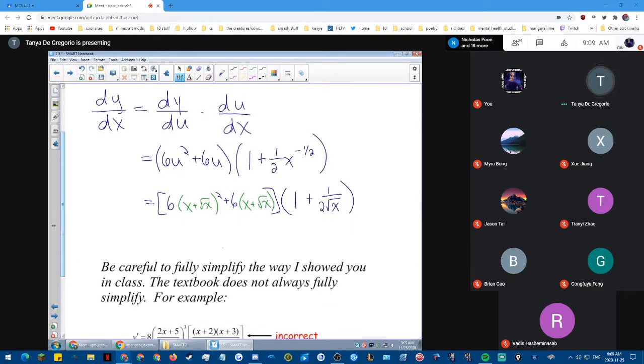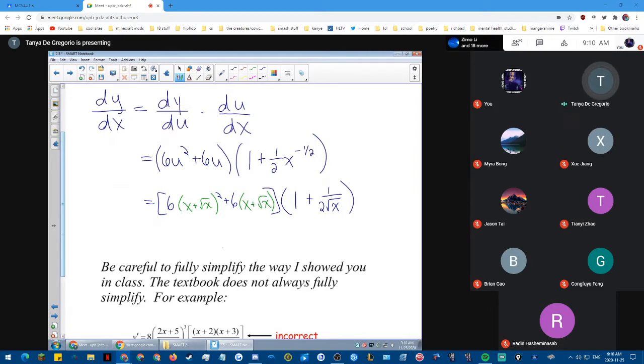Let's clean it up. So, what does this become? What do you guys think? What should I do here? Remember how we like our simplified form.